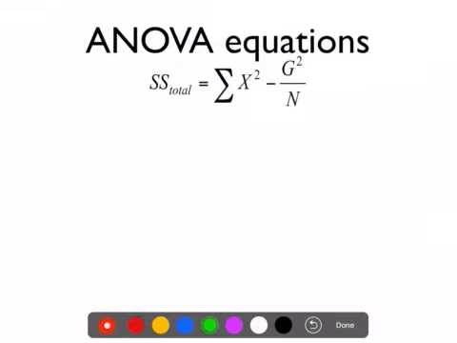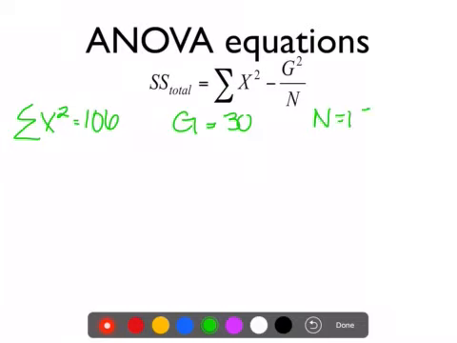Okay, so first let's calculate sums of squared total. We just did our sigma x squared, which was equal to 106. We said our G was equal to 30. And we know that our N is equal to 15 because we have 5 people in each of the 3 groups.